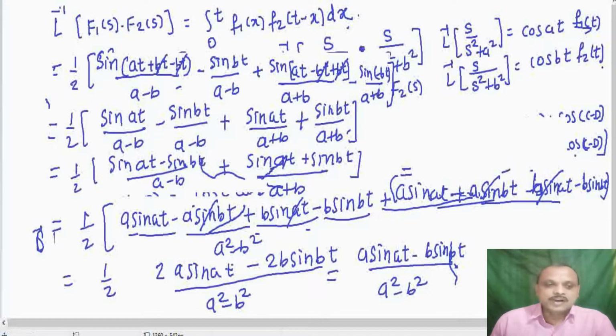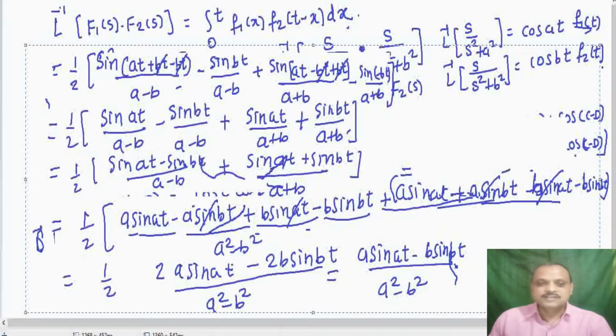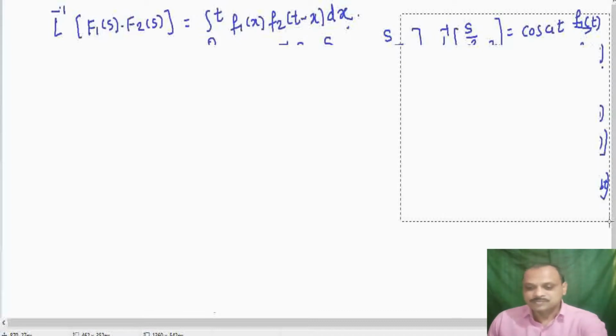So it is quite lengthy, but if we go step by step and if we have a little bit of knowledge of Laplace transforms and a list of formulas, we can easily solve any type of Laplace problem.